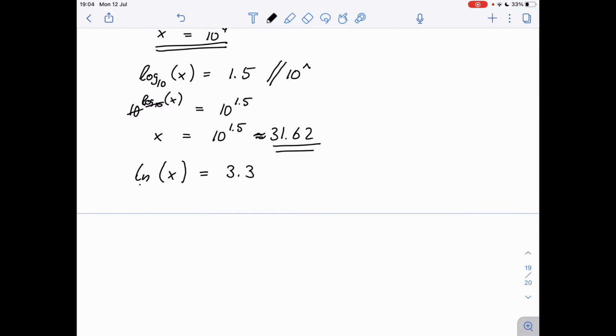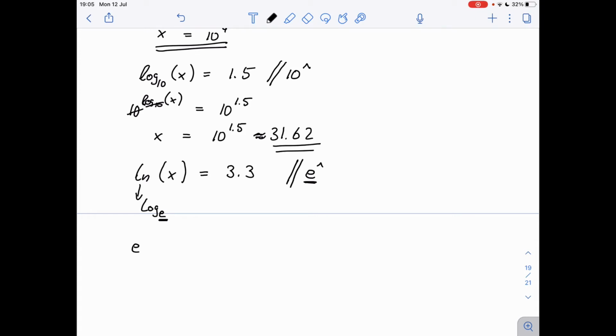We remember ln stands for log to the base of e. So if we want to find x, all we need to do is really take both sides e to the power of. Because we use this e that we have here as the base, and take everything e to the power of.